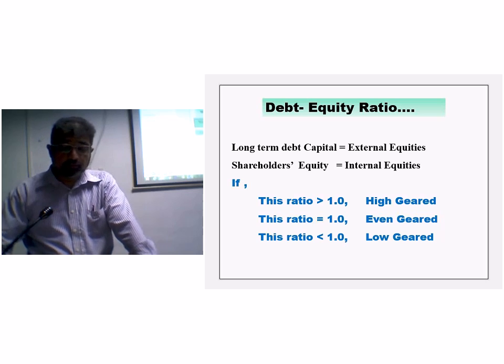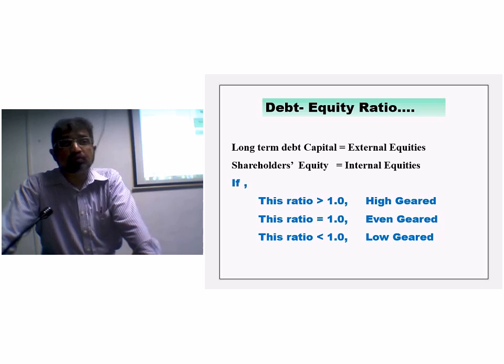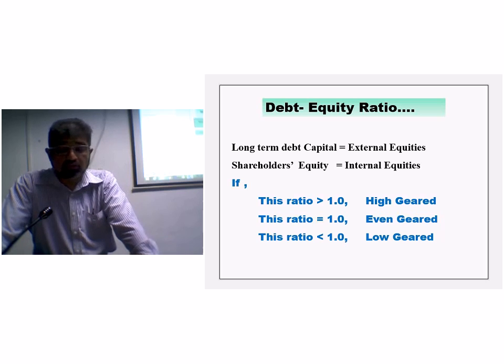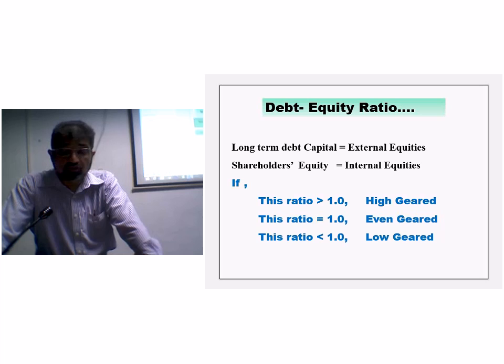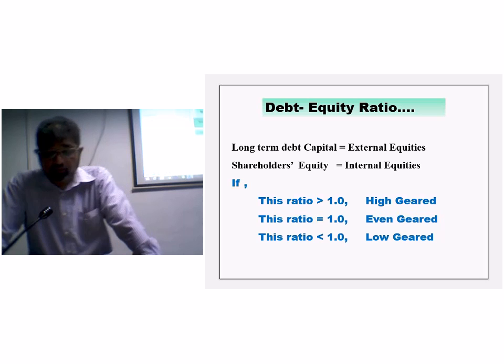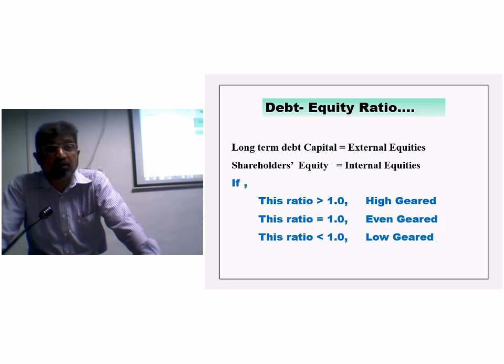Then the next one, interest coverage ratio. This is also a good measurement of leverage. If this ratio is high, then we have freedom in settling interest, but if it is low, that means again we have financial risk, right? Interest coverage ratio is EBIT divided by interest charges or annual interest.